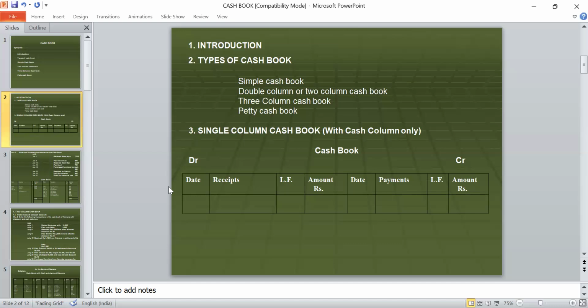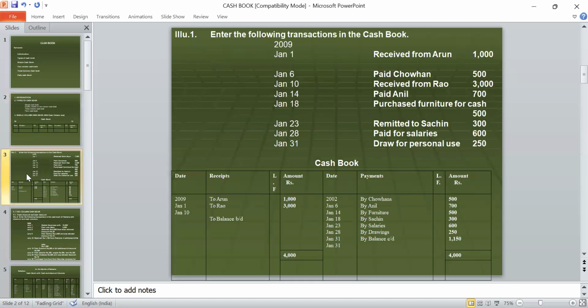So how do we enter the transactions in a single column cash book? First, enter the following transactions in the cash book. First transaction, received from Arun. Received from Arun means cash received from Arun. That is a receipt transaction. Receipt transactions, as we already know, are entered in the debit side of the cash book. So on the receipt side, enter to Arun, and in the amount column enter rupees 1000.